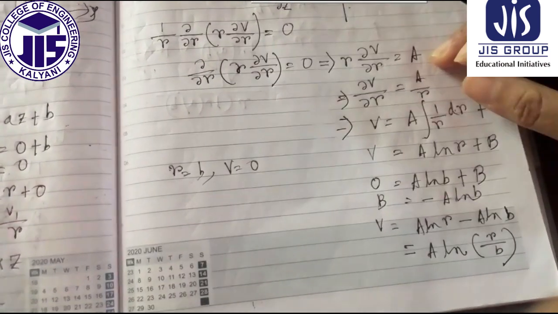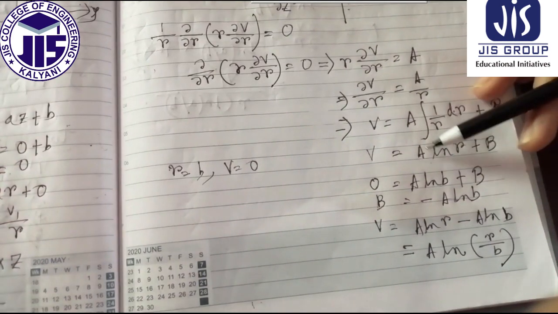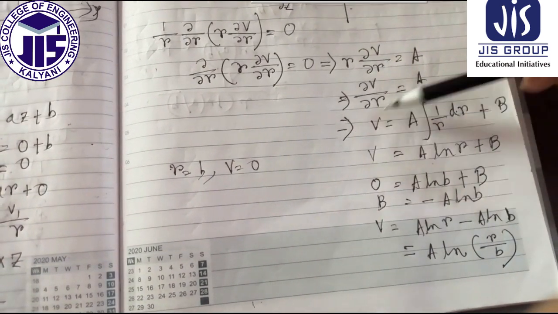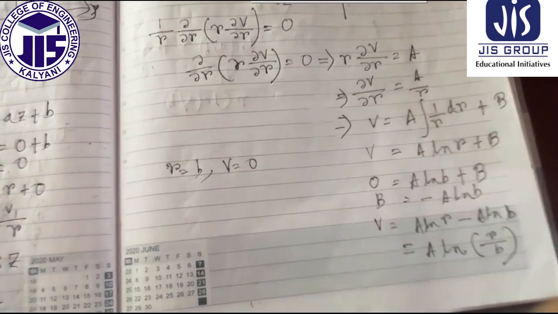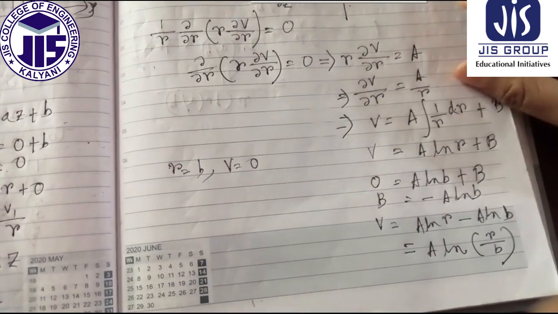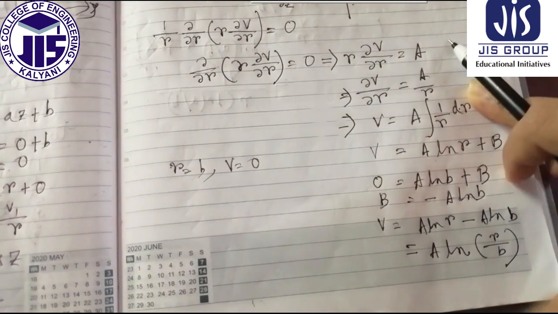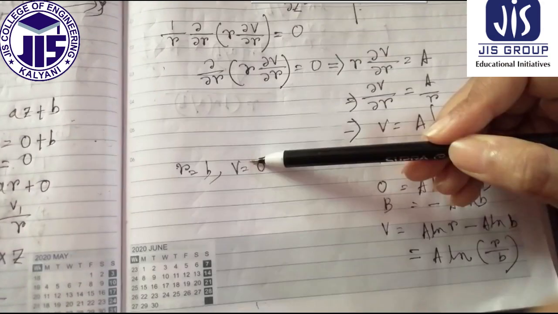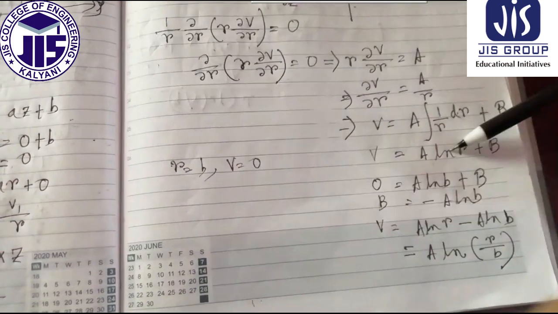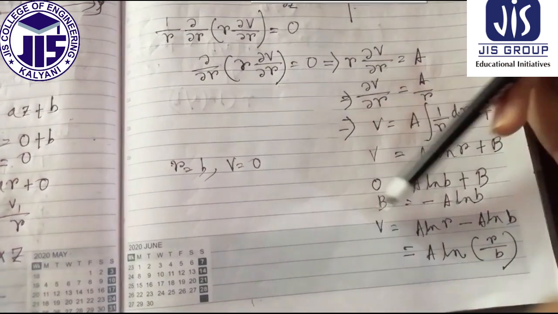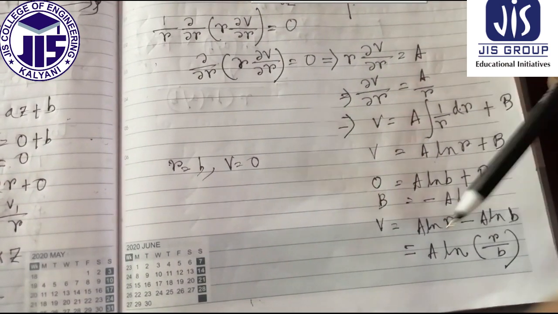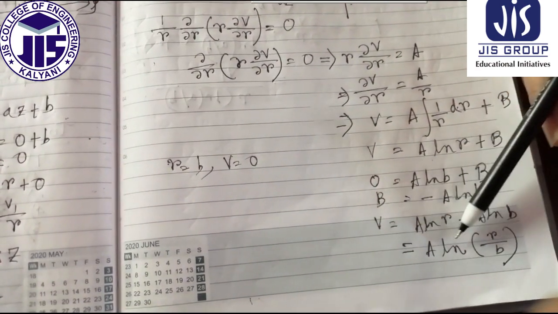So finally, by the boundary condition at r equal to b, V equal to 0, b equal to minus a ln b. So V equal to a ln r by b.